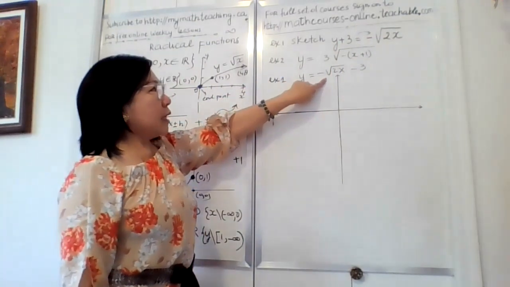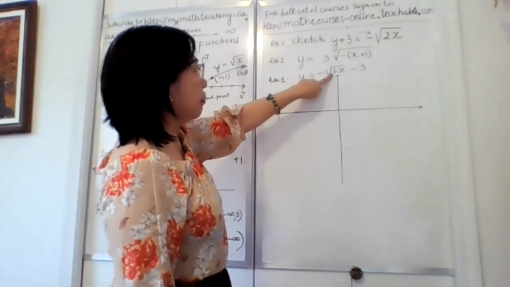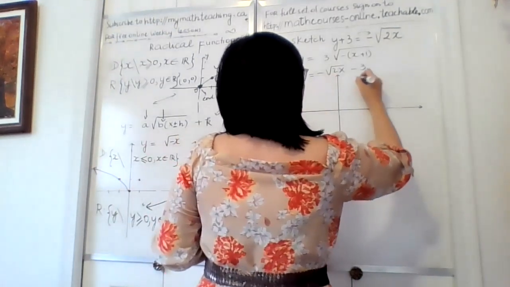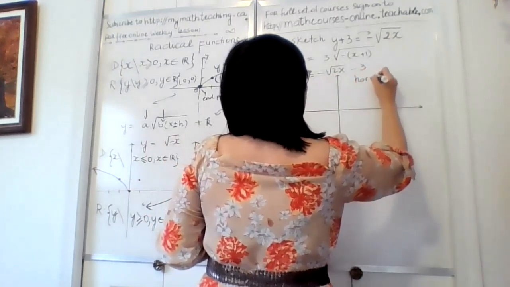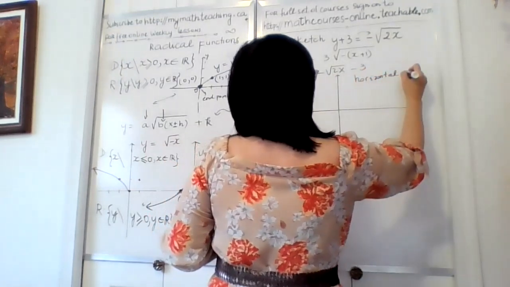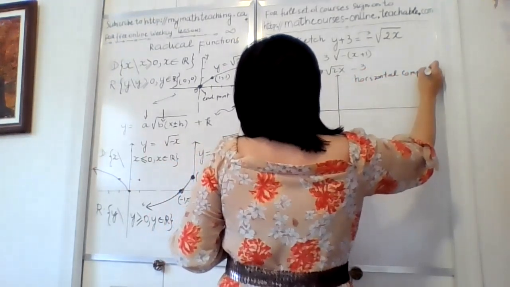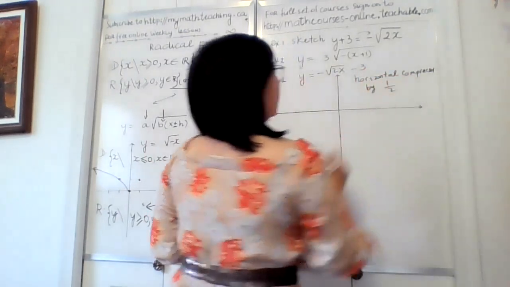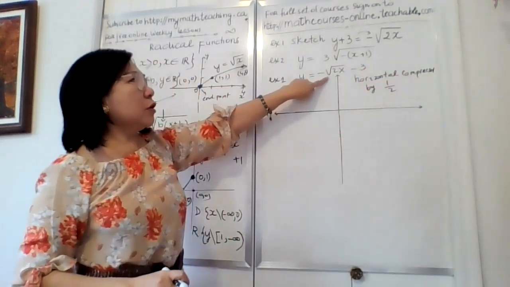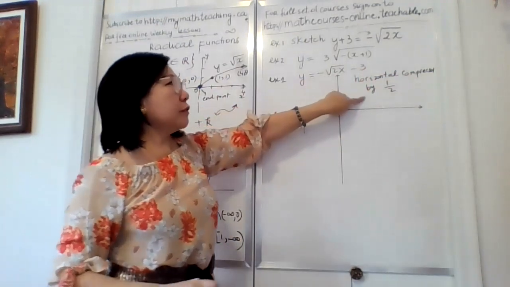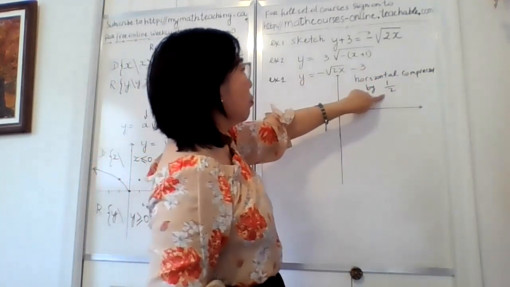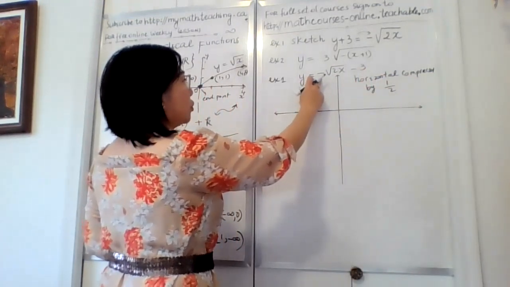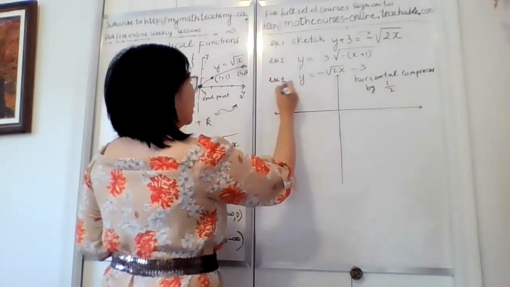So now we can see that this function has a horizontal stretch, actually horizontal compression by 1/2, right? Remember we say for the horizontal we have to reverse. So this factor for horizontal will be compressed by 1/2, followed by the reflection over the axis.